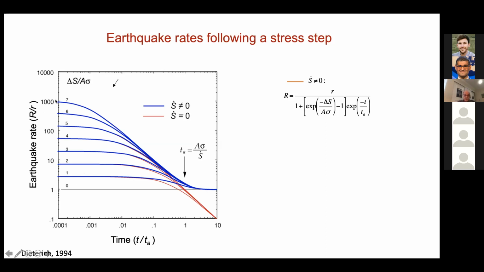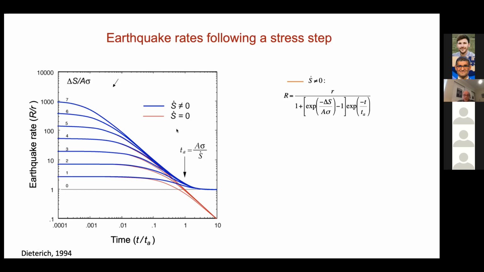It can be quite extreme for relatively modest changes in shear stress. That's this delta S over A sigma. And then we get a 1/T decay. And if the sample is continuing to be loaded at some rate, then the background earthquake rate goes to the steady state rate as shown before.